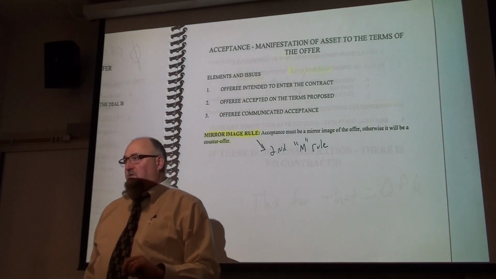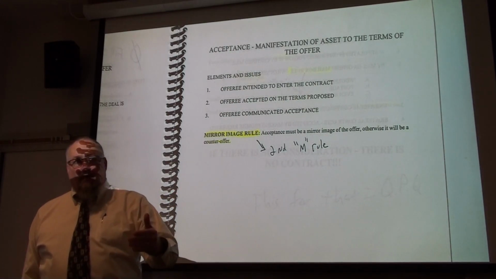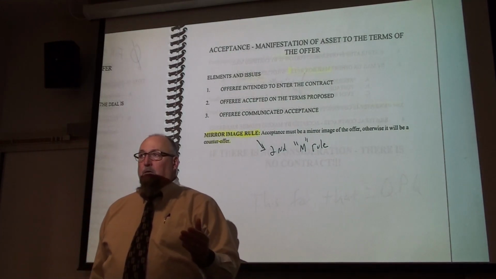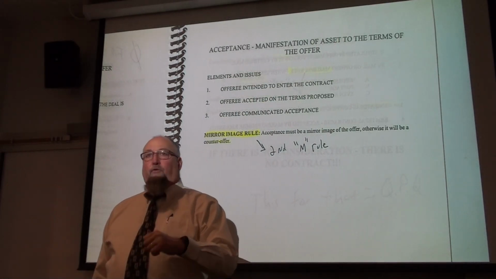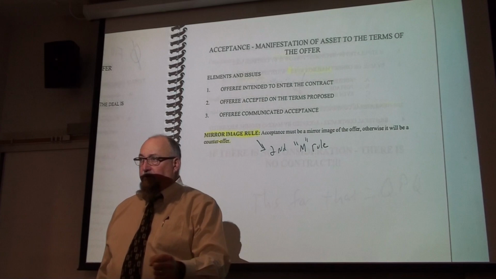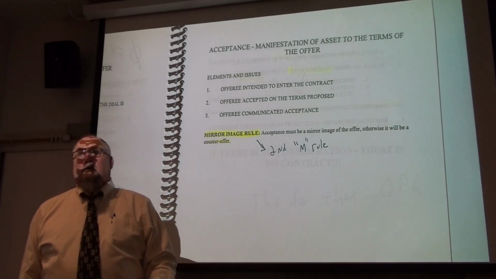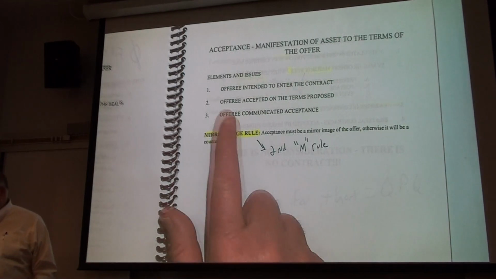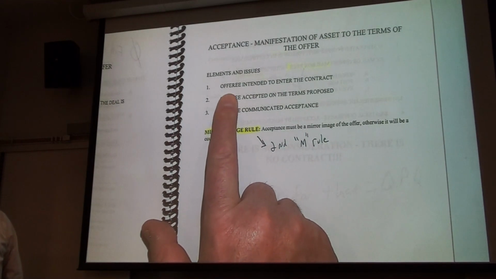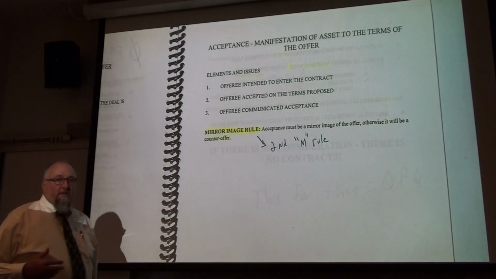And remember why this is important. If I make an offer and you accept it, a contract is formed at the moment you accept. And therefore I am bound by the terms of the contract. So this brings up a couple of issues. Number one, when you make an acceptance, you communicate it back to me, obviously.